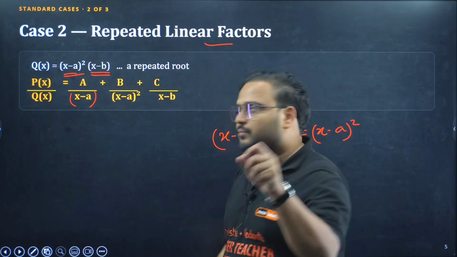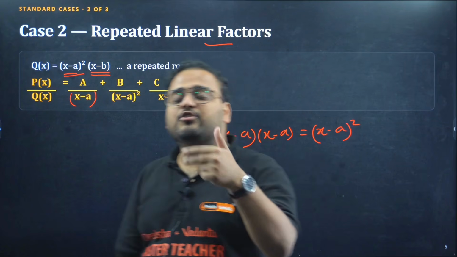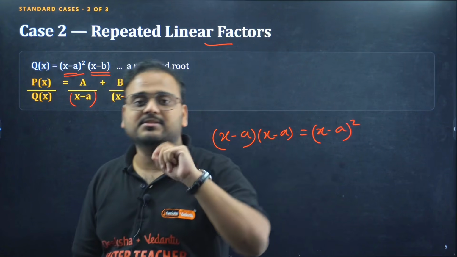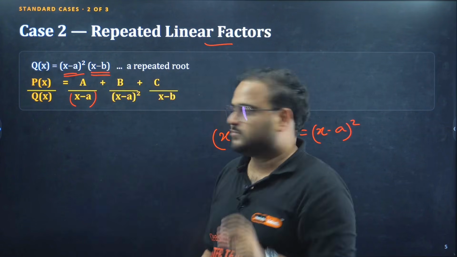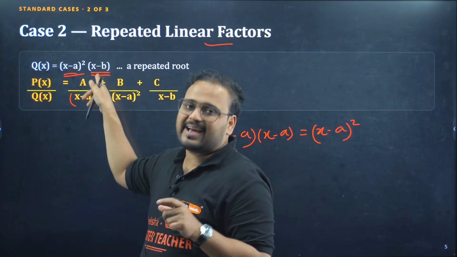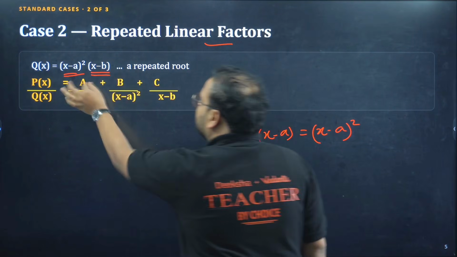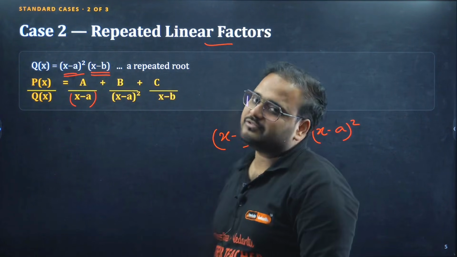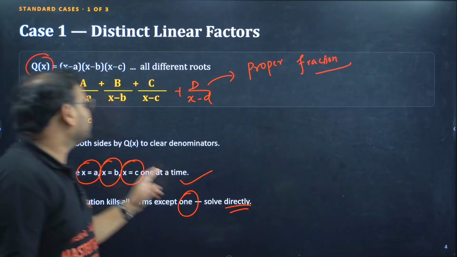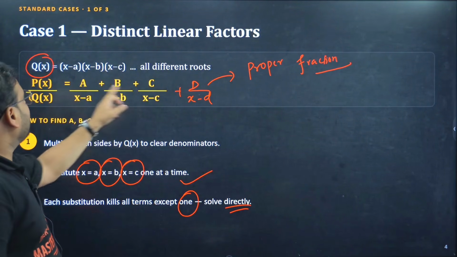To give you a clue, it is based on the nature of the denominator's polynomial degree. Here x squared times x becomes degree 3, so you'll have 3 unknowns. Look at the previous question: it was of degree x into x into x, so 3, and you have A, B, C, 3 unknowns.